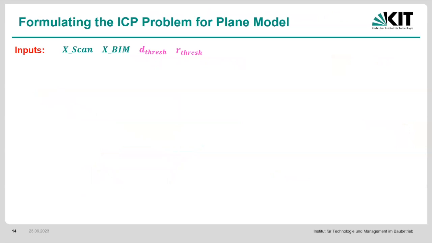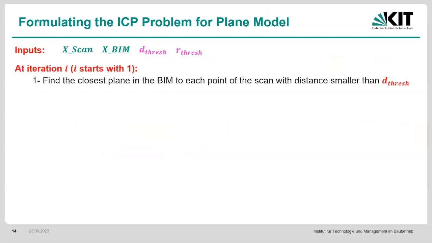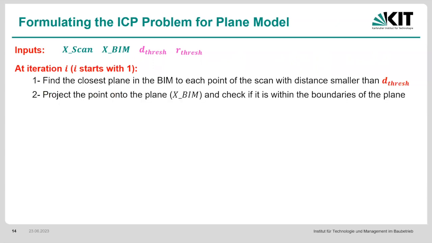Okay, so let's do the ICP formulation for the plane model situation. So this time, again, we find the closest plane in the BIM to each point of the scan that is smaller than this. Then project the point onto the plane.